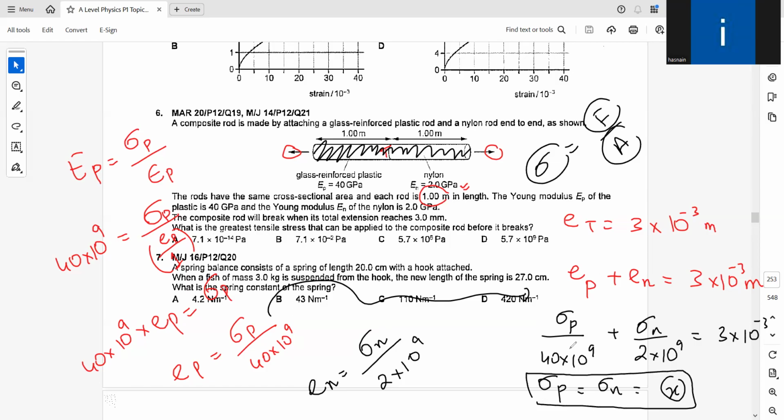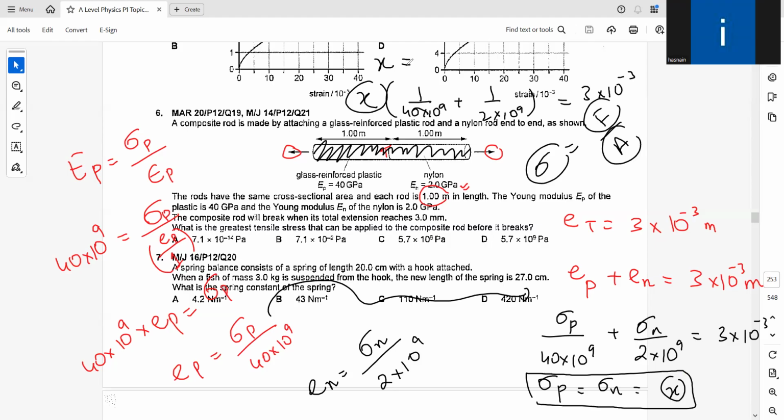Now the only thing left is to find out x in this equation. So this would be x, and that would be 1 over 40 exponent 9 plus 1 over 2 exponent 9 equals 3 exponent minus 3. Let's find this x out. 3 exponent minus 3.